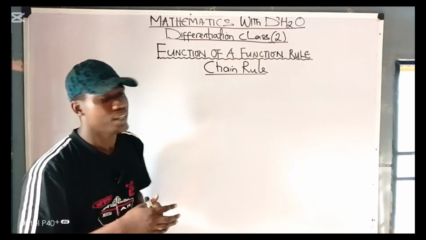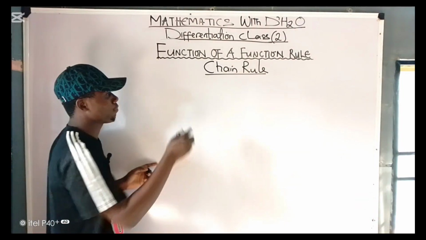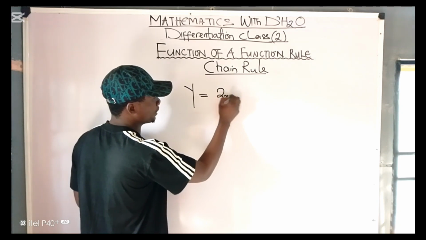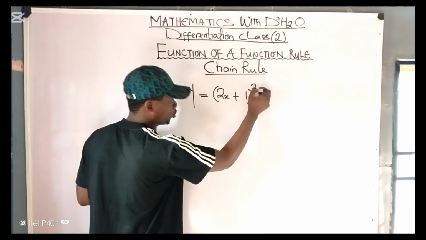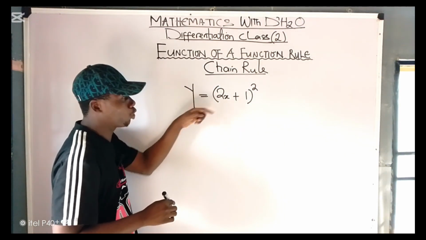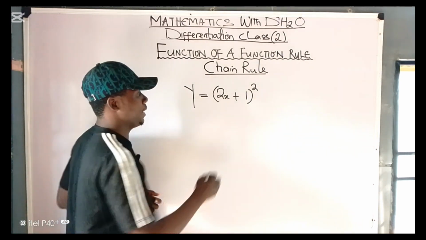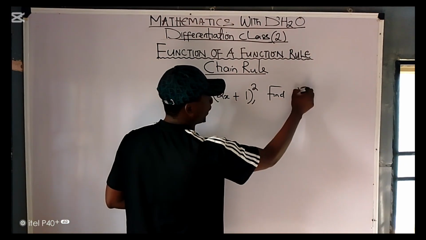For instance, if I have a question like this in my forthcoming exam, I have y equals 2x plus 1 all raised to the power of 2, and I am told to find dy over dx.